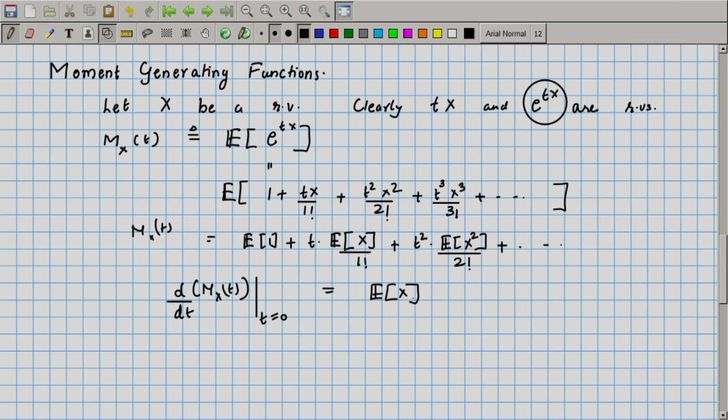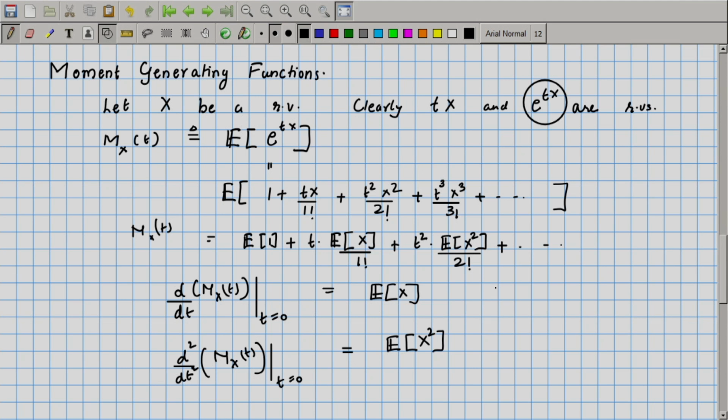Okay. So, the moment generating function has in itself the value of the expectation of the random variable embedded. Similarly, if you look at the second derivative of the function M_X(t) and evaluate it at t equals 0, you will get the expectation of X squared.